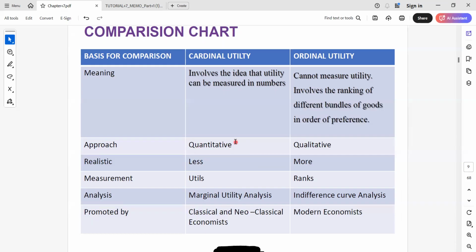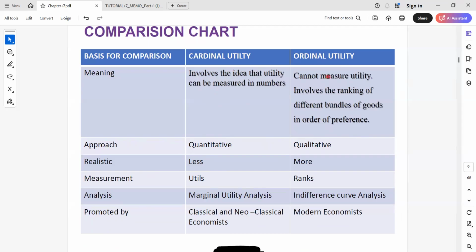And the numbers that we give are called utiles. So the approach is quantitative because we're using numbers. It is less realistic. When you are asked to differentiate, you can choose any of these, or you can just write the meaning itself.